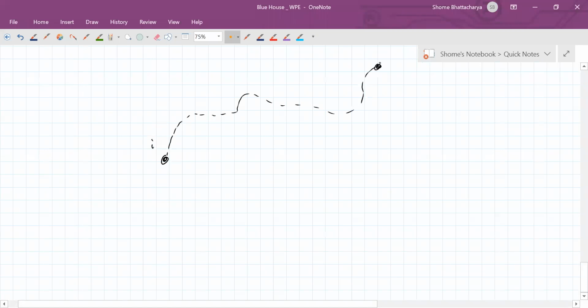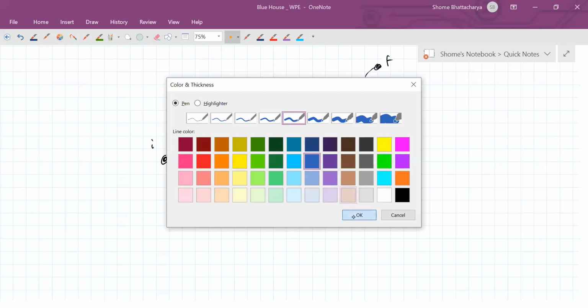This is the initial position, this is the final position. But during that displacement, the force acting on it is always constant. The particular force that we are talking about, which is acting on it, is constant throughout.